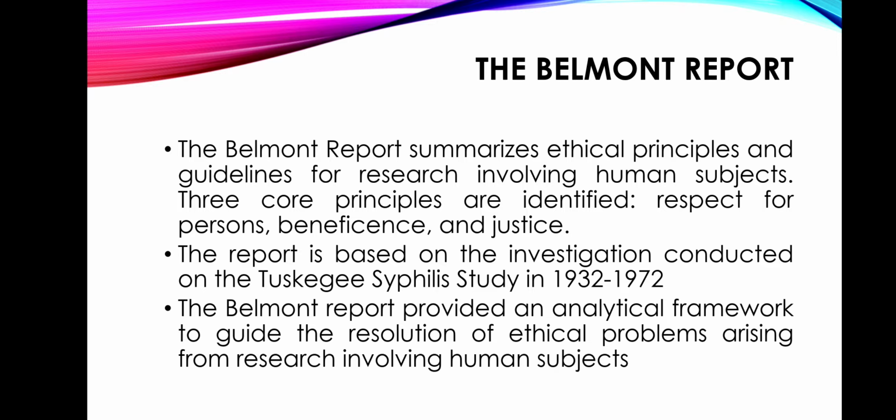However, there are a lot of rights of the participants that were violated. One of which we identified was autonomy, because they were deceived of the real nature of the experimentation. They were not told of what will happen. They were not told of the risks and the benefits, and they were bribed. In other words, they were deceived.